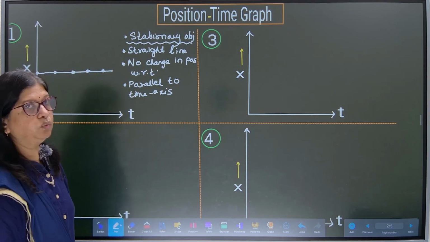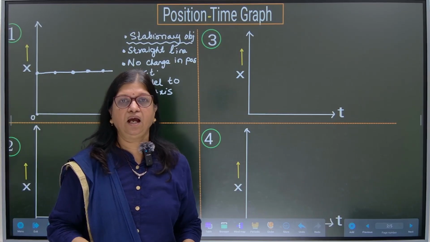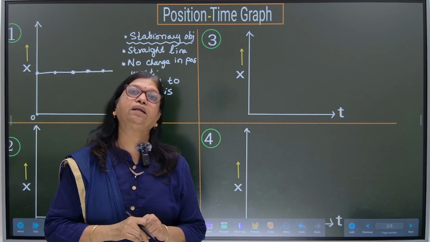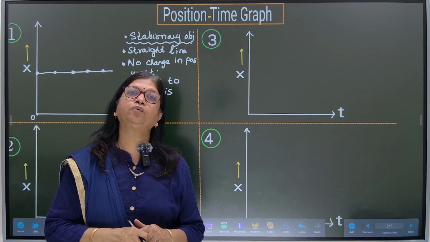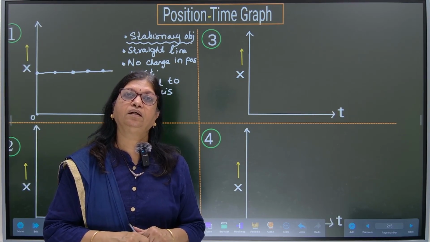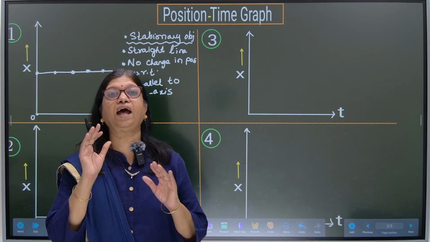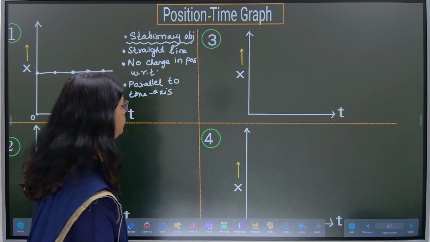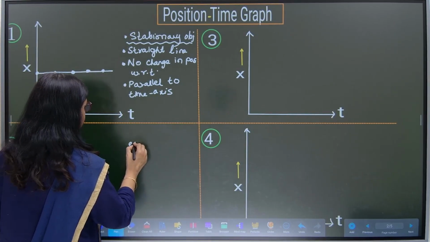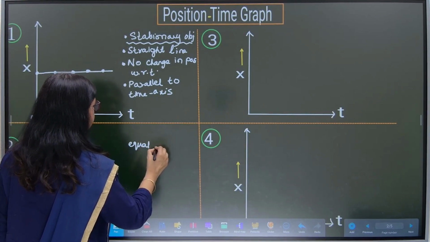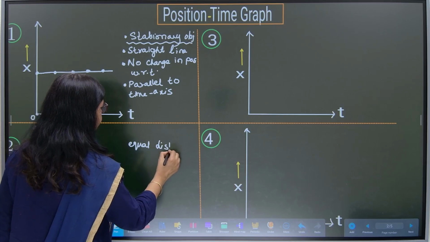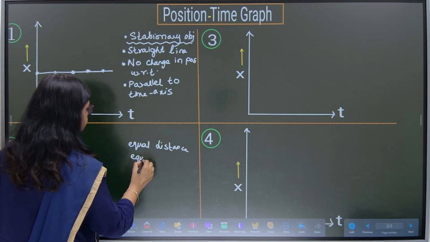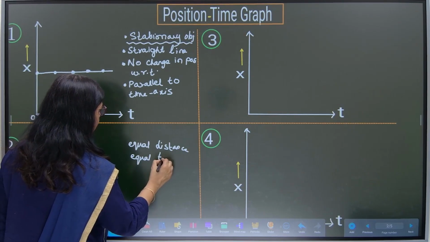Okay. Now let us say the object is not stationary. Then how can the motion of the body be? It can be traveling equal distance in equal time interval.